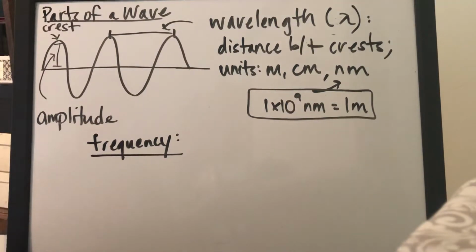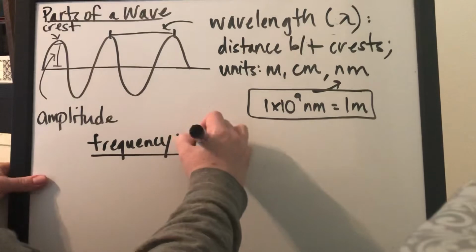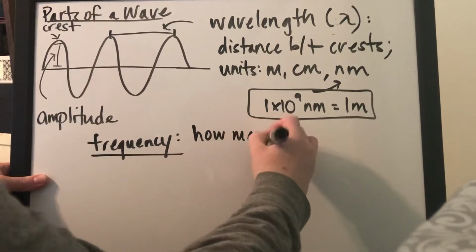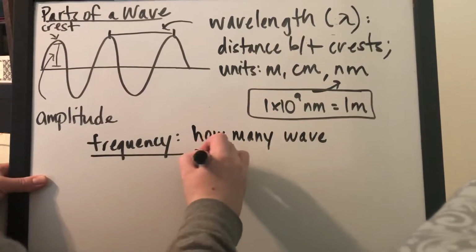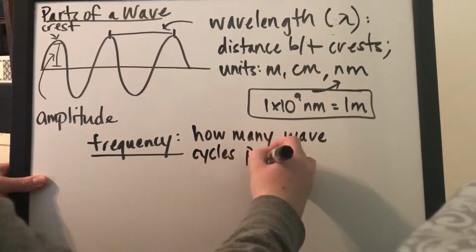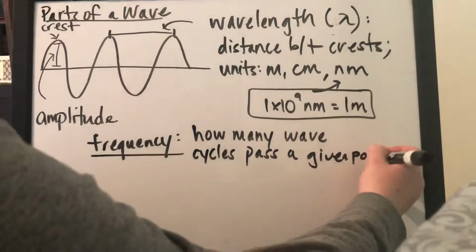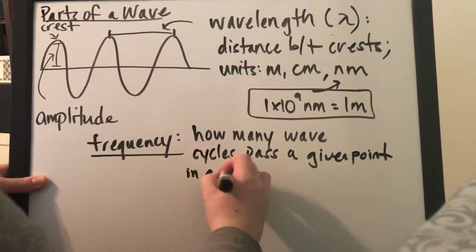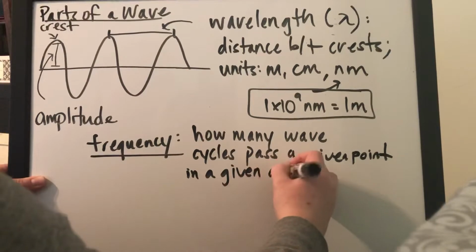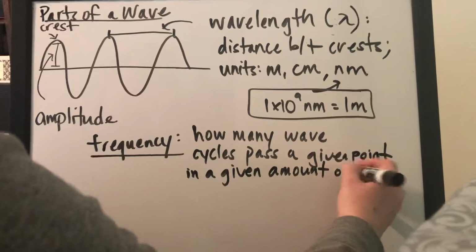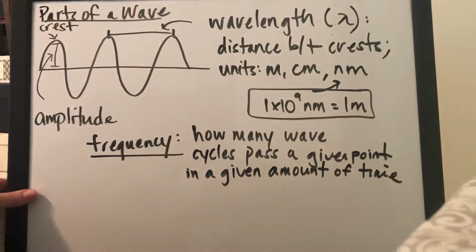The definition of frequency is how many wave cycles pass a given point in a given amount of time.